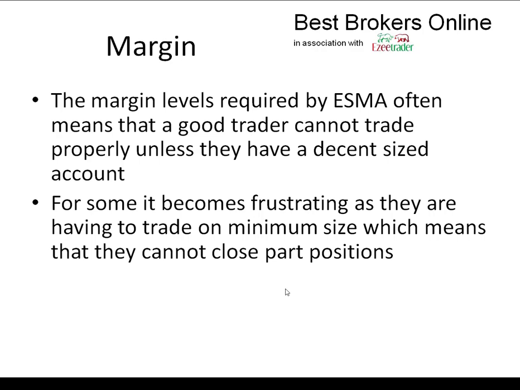But the problem is, it can become quite frustrating as they have to trade on the minimum size often, which means that they cannot close part positions. So, for example, if we were opening a position and it required a 40 pip stop, you've got to work out what a 40 pip stop would be and what sort of size you can trade to make sure that's 1%.